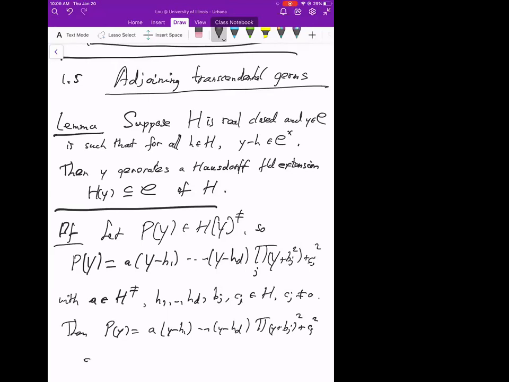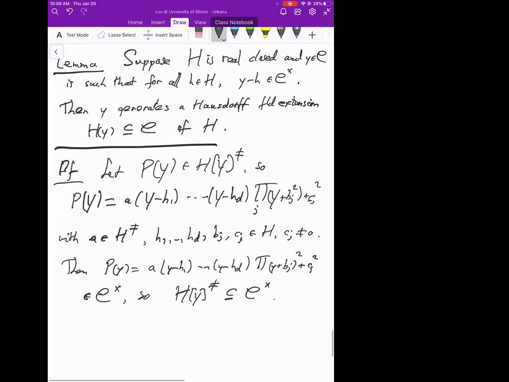So this is in C. So we have proved that the ring generated by Y consists of units; the non-zero elements in here are units. And that's it. Now we just apply this lemma, which says if you have a subring of C whose non-zero elements consist of units, then you can form the fraction field and you get a Hausdorff field.